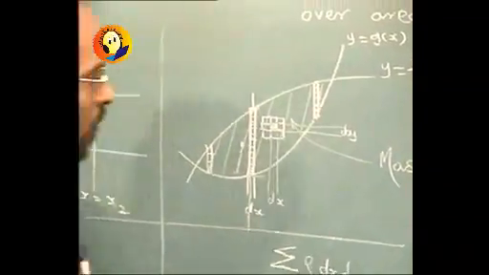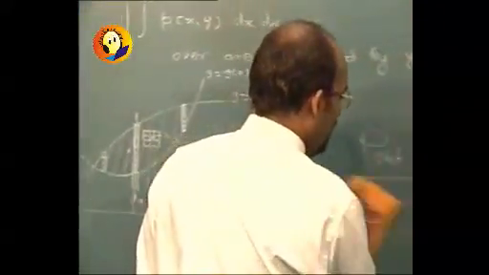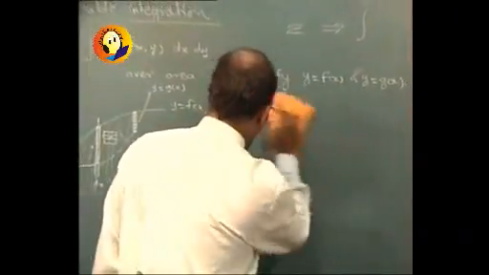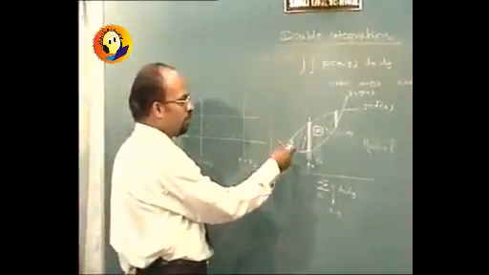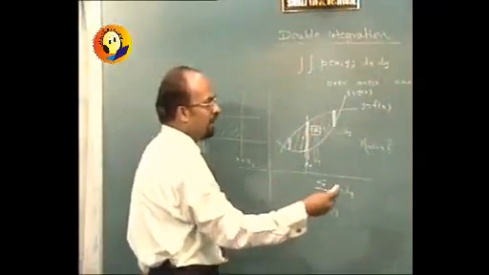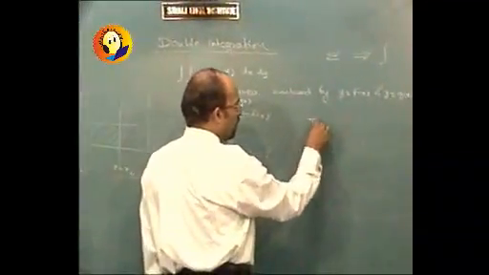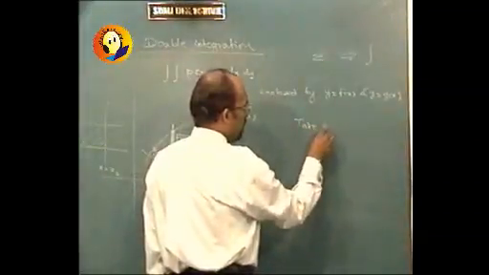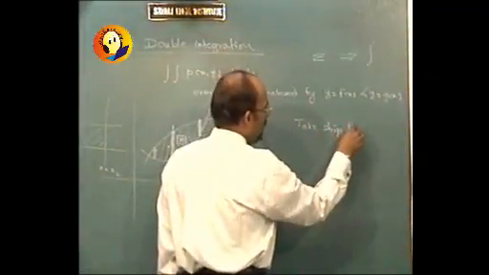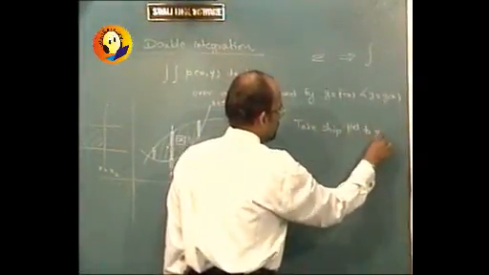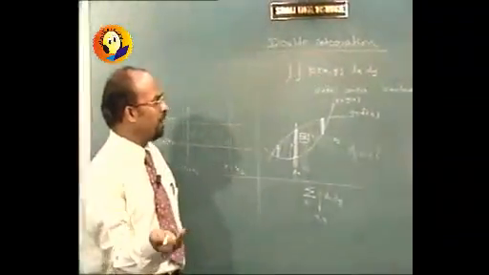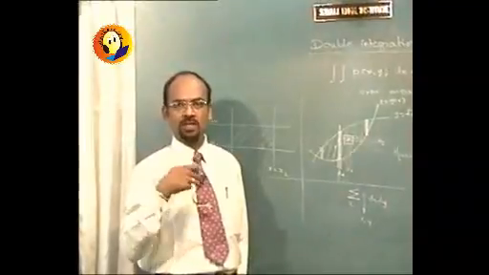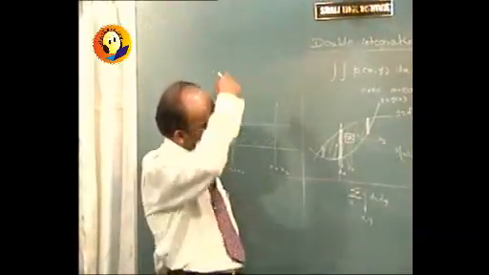This is where the double integration will actually start, because now I can say that to evaluate the mass of this particular plate, let us take a strip parallel to the y-axis. I don't mind even if you consider strips parallel to the x-axis. We will be coming to such problems in subsequent cases.